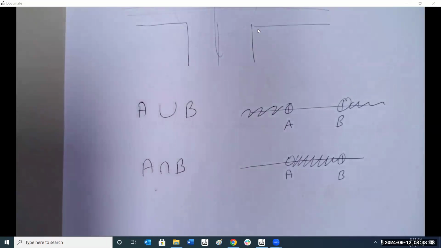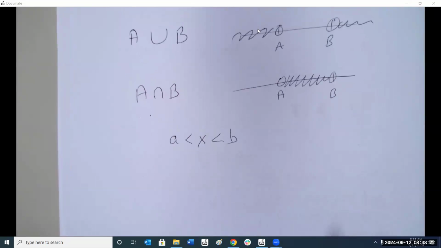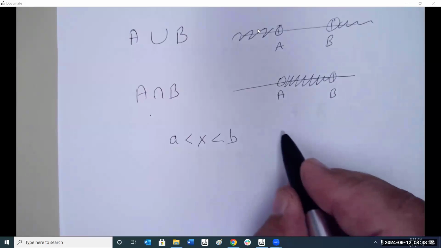Right. The middle part. Because look what it says. It says A is less than X, which is less than B. Let's look what that means.